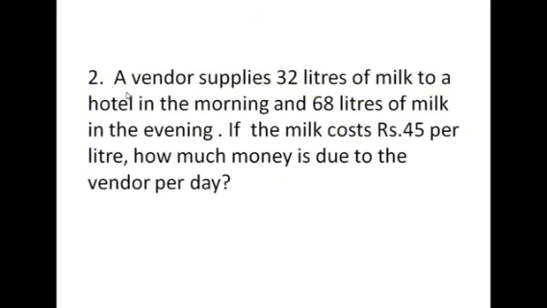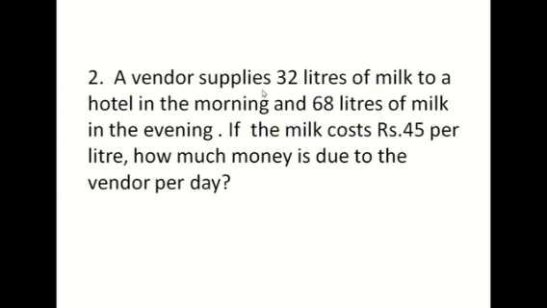Look at the next verbal sum. A vendor supplies 32 liters of milk to a hotel in the morning and 68 liters of milk in the evening. If the milk costs rupees 45 per liter, how much money is due to the vendor per day? So let me clear you.